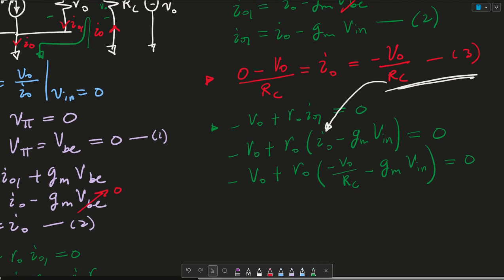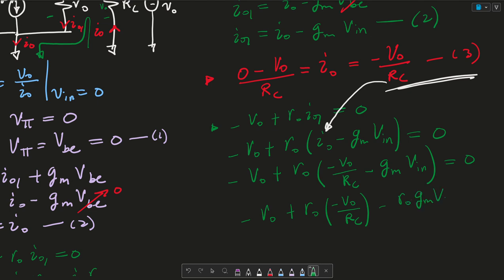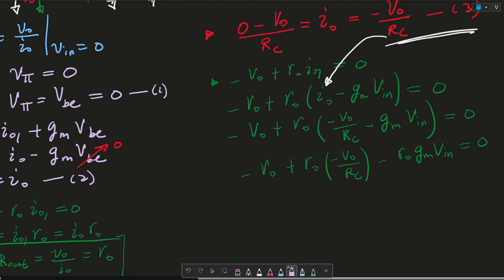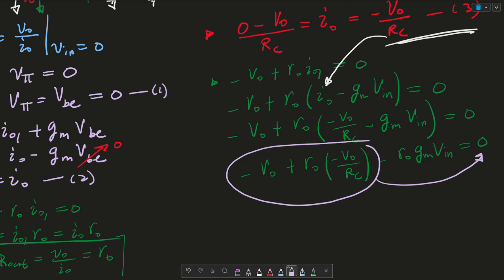Now we have all of our terms in terms of VN and VO. So this is V out plus RO times minus VO over RC minus RO GM Vin is equal to 0. Let's pull these two values to the right-hand side.